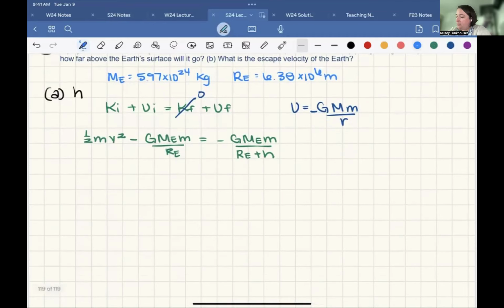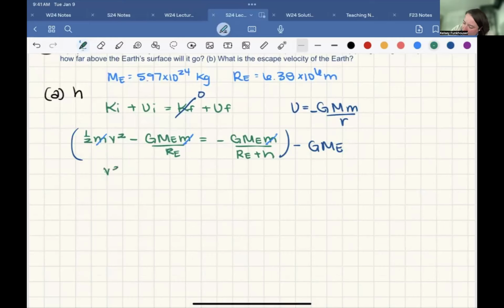Okay, again, we can cancel out the mass of our projectile, because it's in every term. I'm also going to divide everything by negative G mass of the Earth, because it's in the second 2 terms, and if I do it that way, I get it in 1 term. So it's nicer.